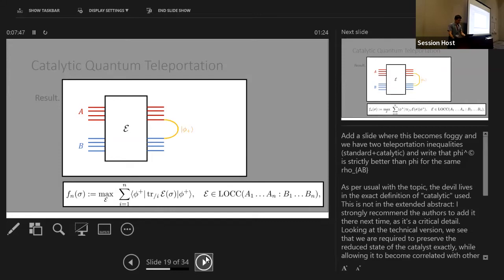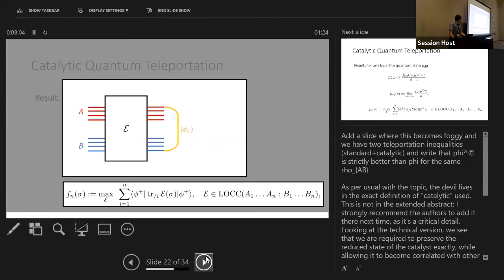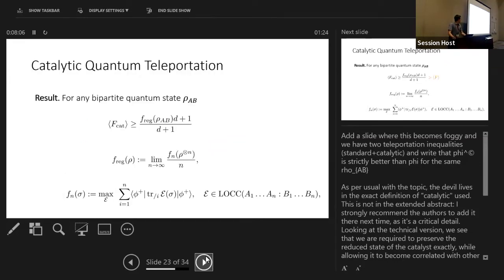Okay, so they apply it, and now what we do is essentially we calculate the overlap of every pair with the maximally entangled state. And we calculate the average of the overlap. So we calculate the first overlap, the second one, the third one, and the last one, and we average over all these overlaps. So in a sense, this is the quantity that we want to optimize in our protocol now.